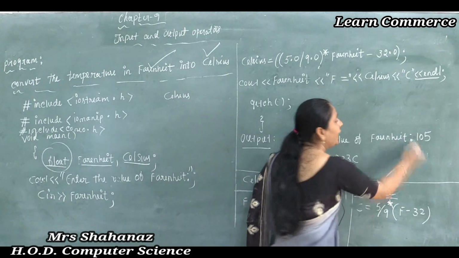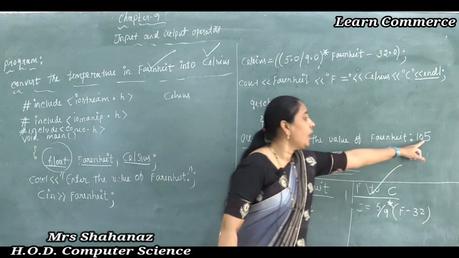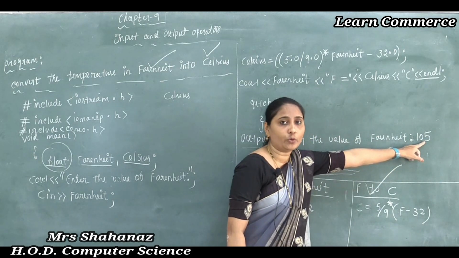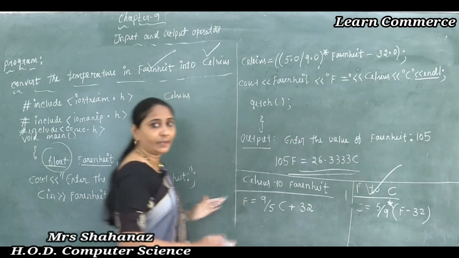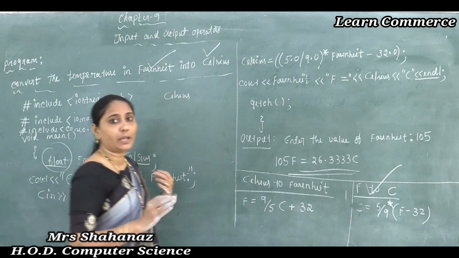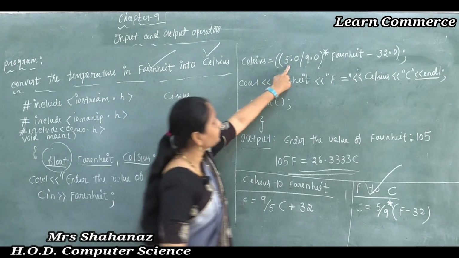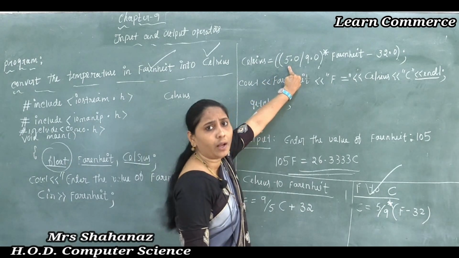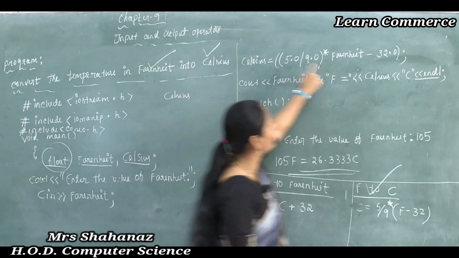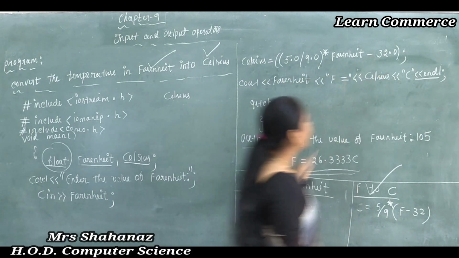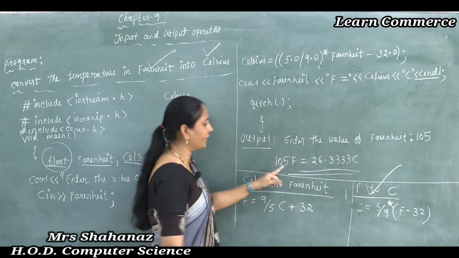Clear this point here, you need to give some value to the Fahrenheit. So the value I want to use in this program is 105 here. So when you are providing 105 to the variable Fahrenheit, it calculates using the formula 5.0 divided by 9.0 into 105 minus 32, and after that it is going to display the answer.